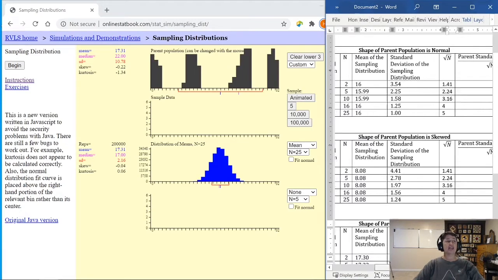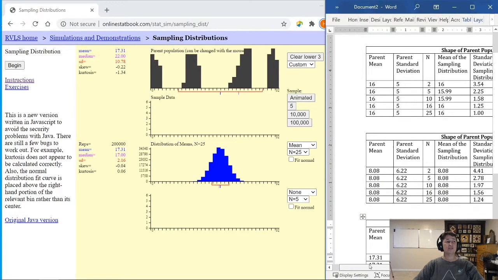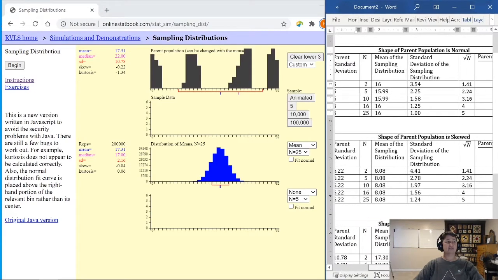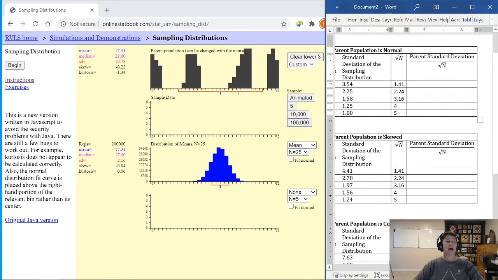In this case, my parent standard deviation was 5, and I'm dividing that 5 by 1.41, and I want to see what that is equal to.